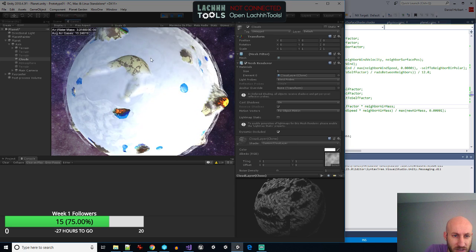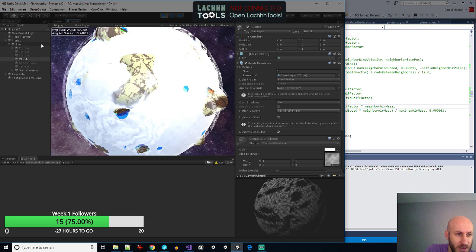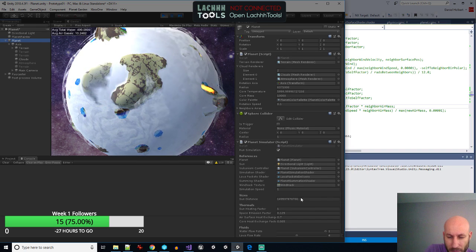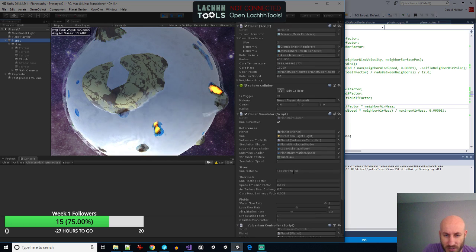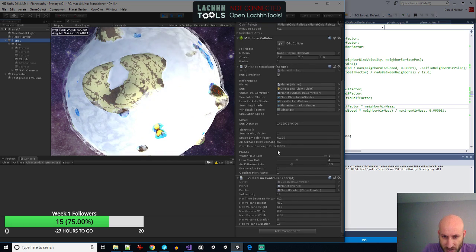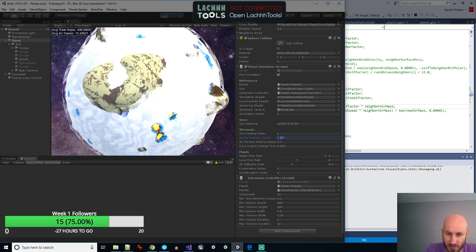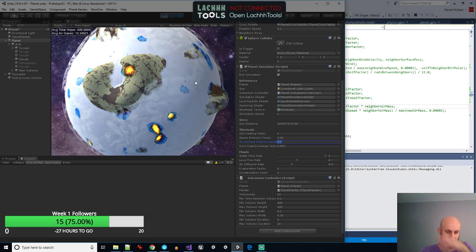Frozen landmass. So my planet is really cold, and what I can do to warm it up as a test is make it just emit less heat back out to space.